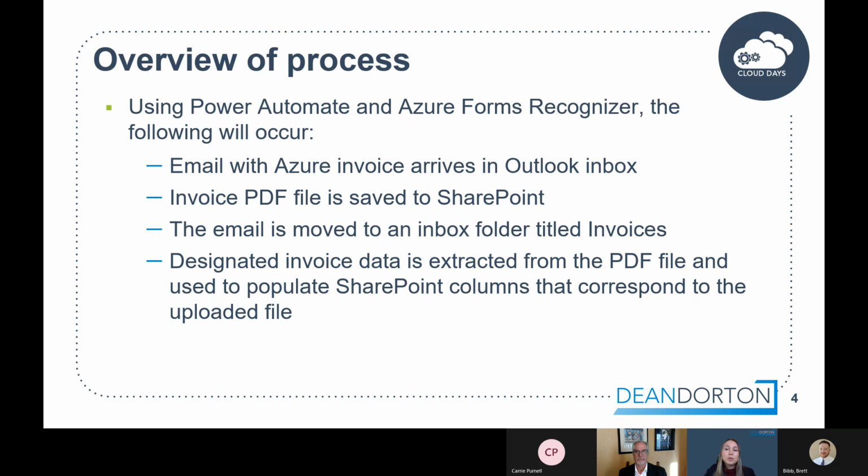And then the email will be moved out of my inbox folder and placed into a separate mailbox folder. And then lastly, our process will extract data from that invoice file, and then it'll update the other SharePoint library columns that correspond to the PDF file's row with that data.